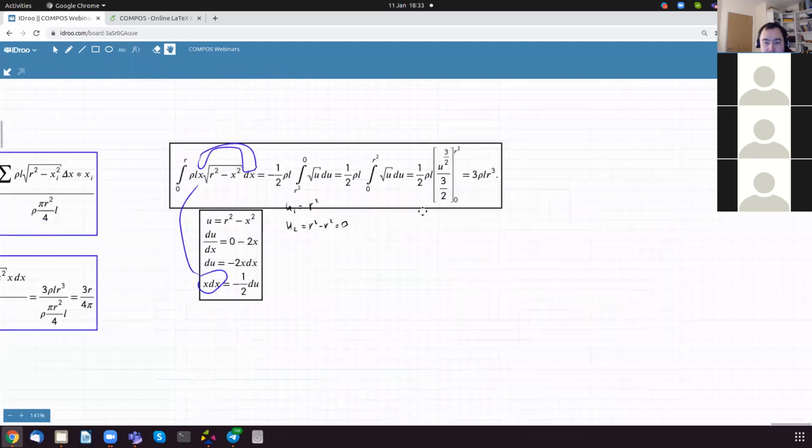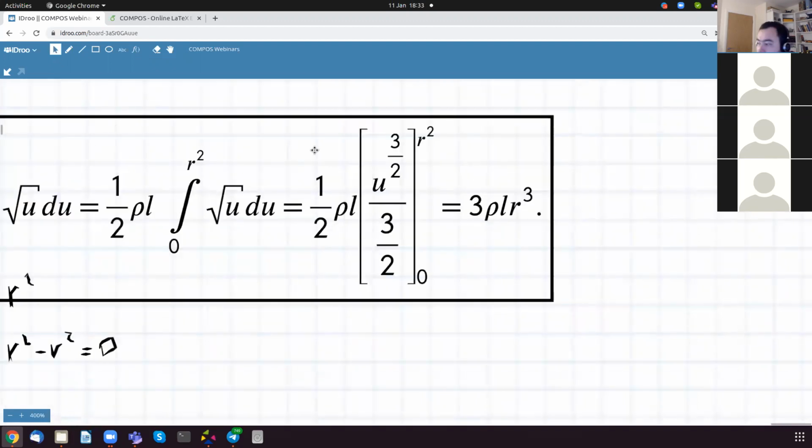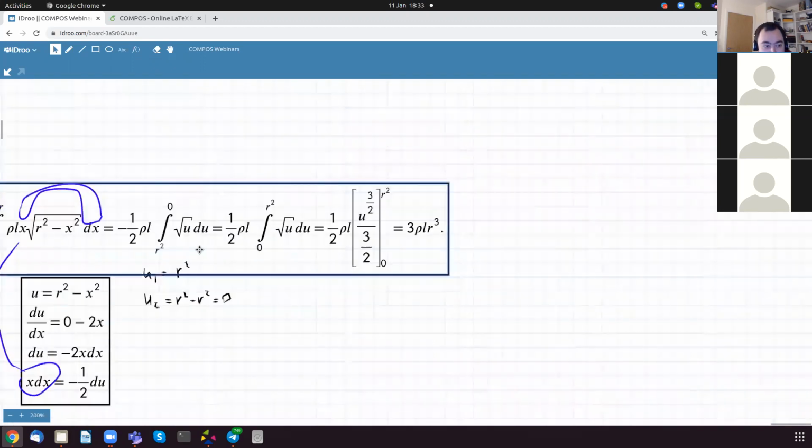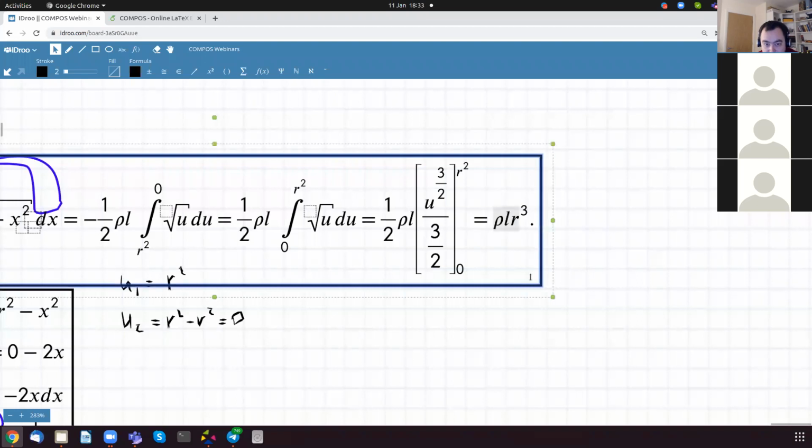I think I made a mistake here. Oh yes, of course. It's not 3, it's 1/3. Yeah, the negative, I moved the negative inside and I flipped the integral limits. It's not 3, it's 1/3.